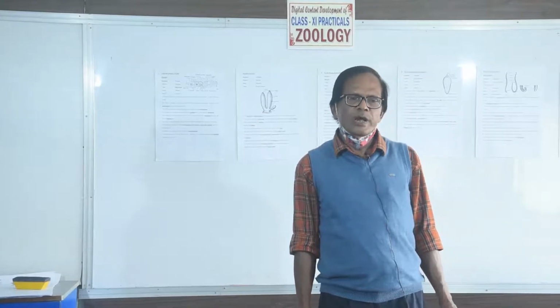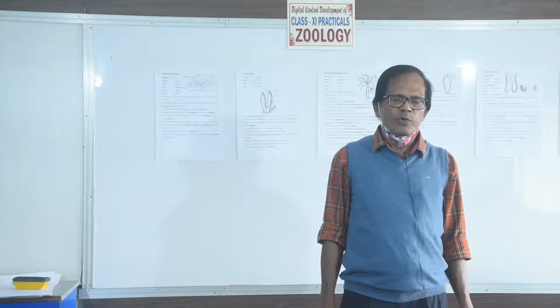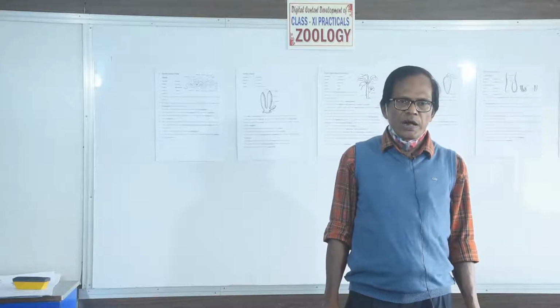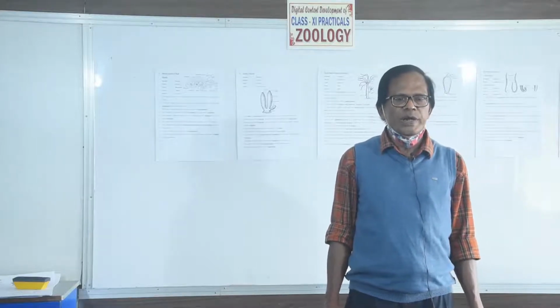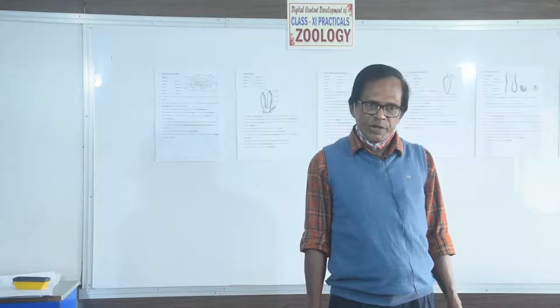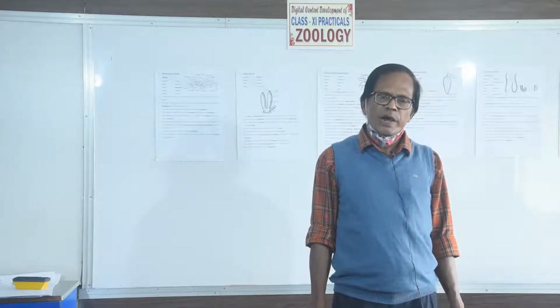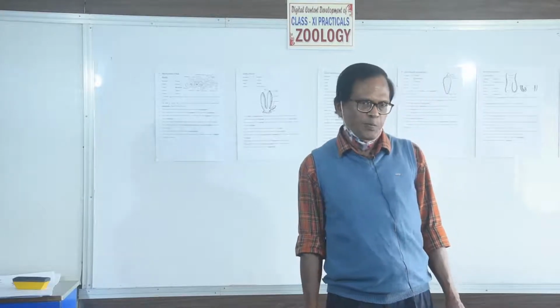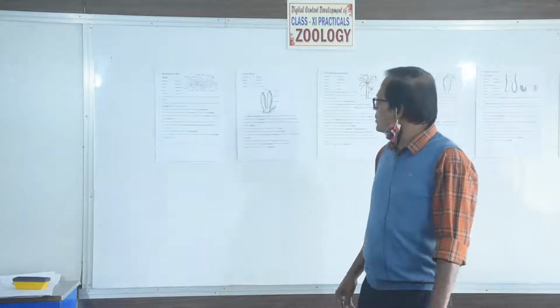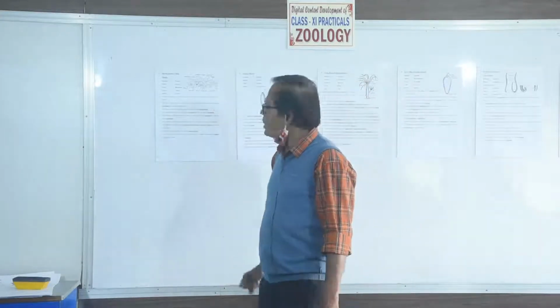We have chosen one animal each from each phylum and will be describing the important characteristic features that identify the animal species. We start with amoeba.